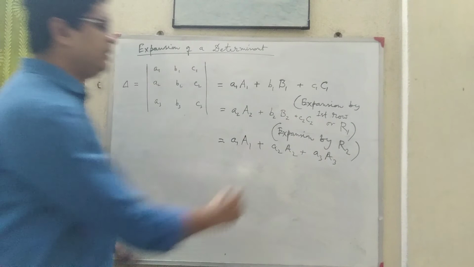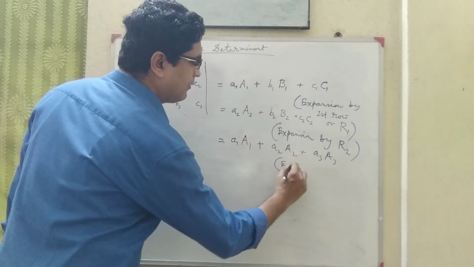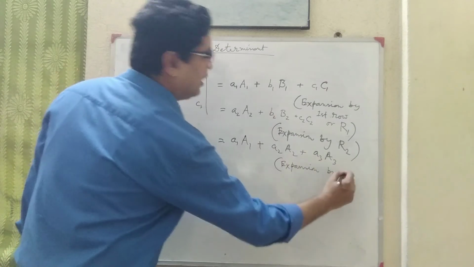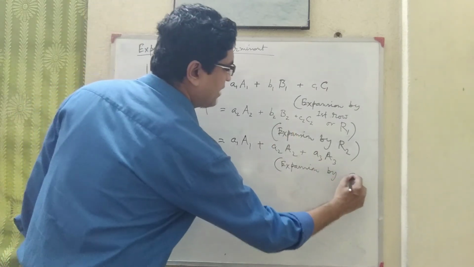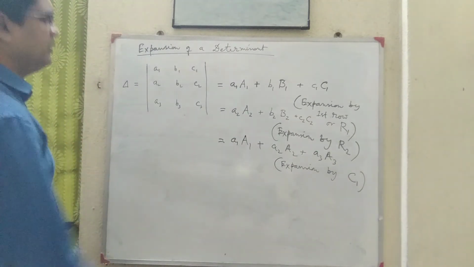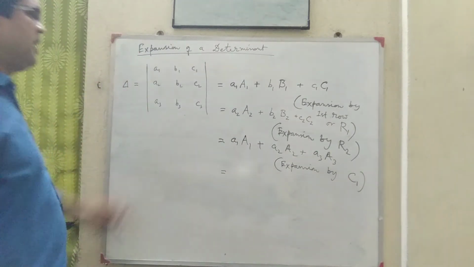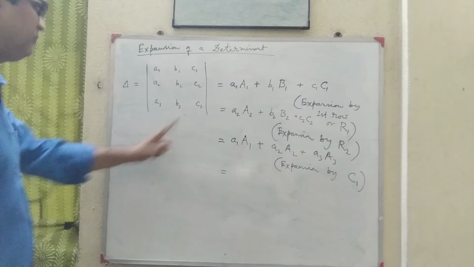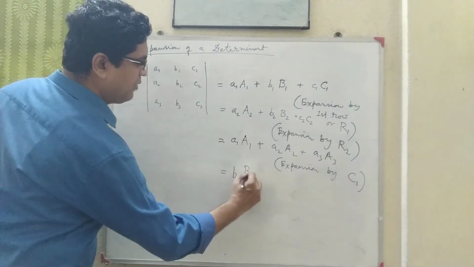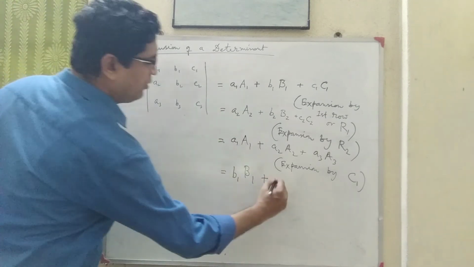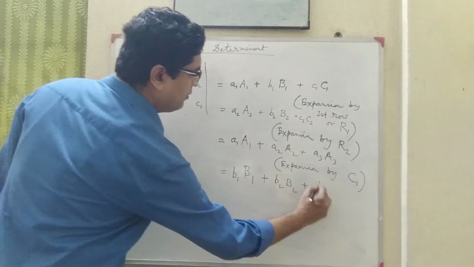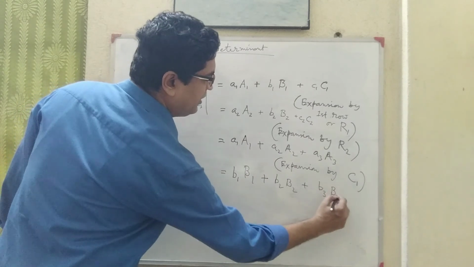So this is expansion by first column. The first column is denoted by C1, C1 means column 1. Similarly, if we want to expand by second column, we can: B1 into capital B1 plus B2 into capital B2 plus B3 into capital B3.